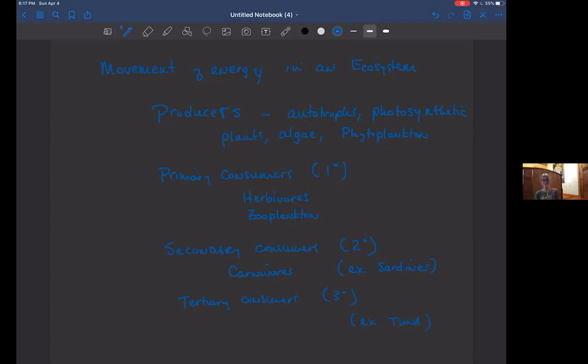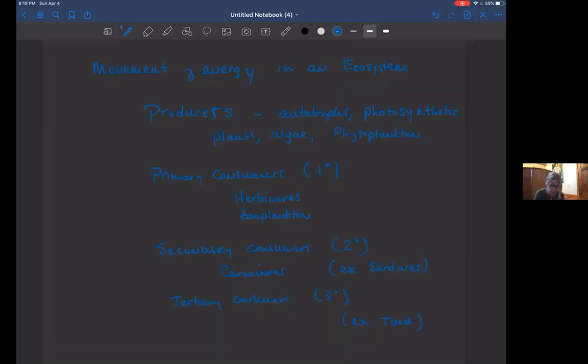So the big fish eat the small fish. When we look at this movement of energy, you remember that movement of energy means that some of that energy is lost as heat. And so we lose chemical energy as we move from the producers towards the tertiary consumers.